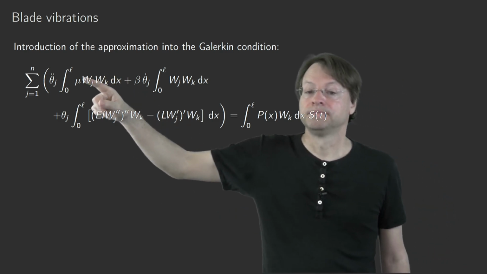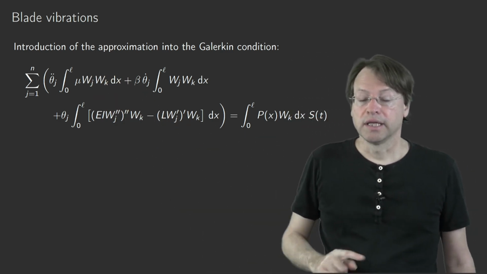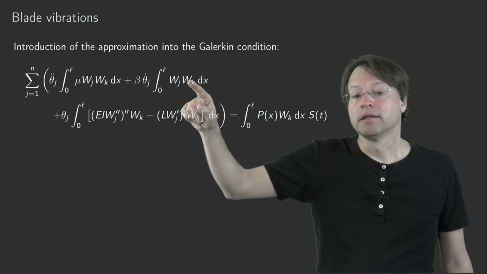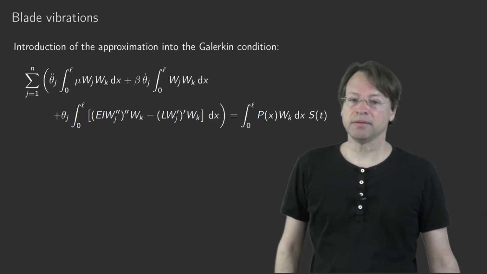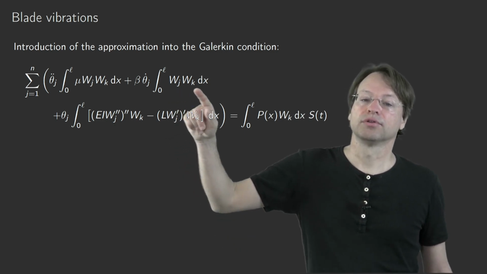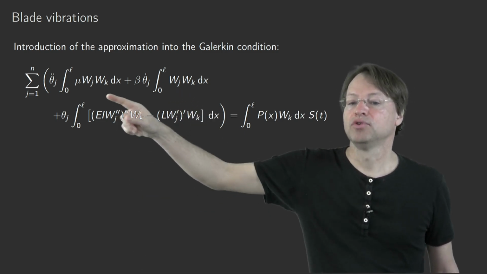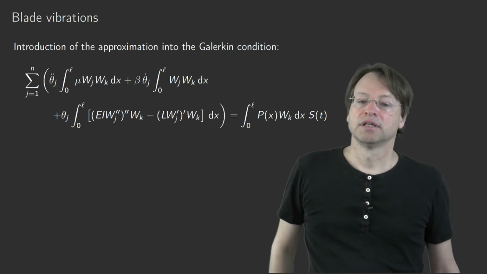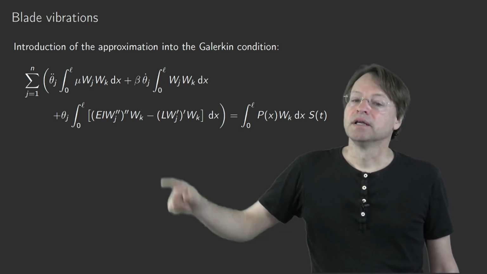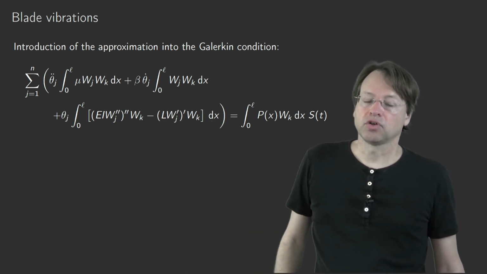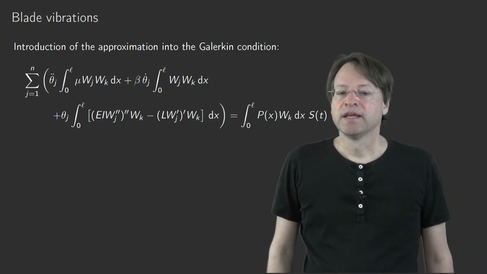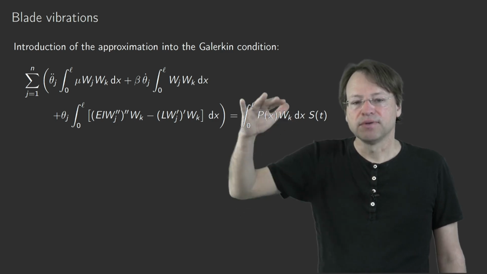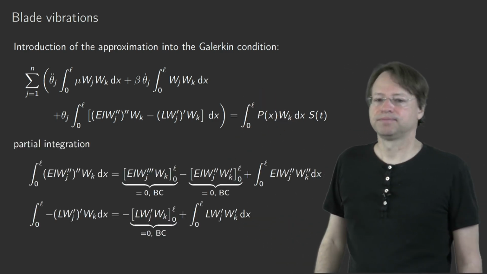If mu is a constant, then you can also apply the orthogonality relationship for the second term, because it then holds for the two functions w, and mu would be a constant that can be taken out of the integration. So for this contribution, for this term, we have to apply partial integration, and after that partial integration we will see that the equations decouple.